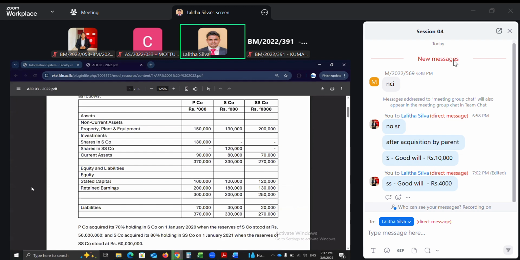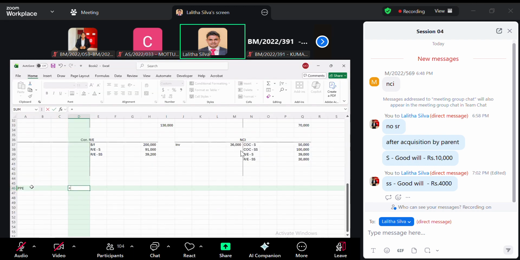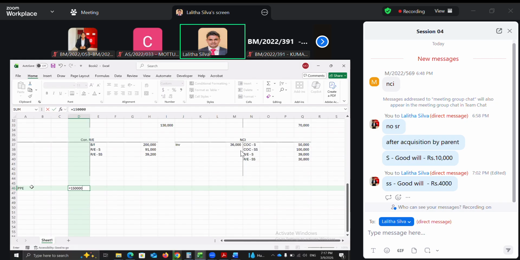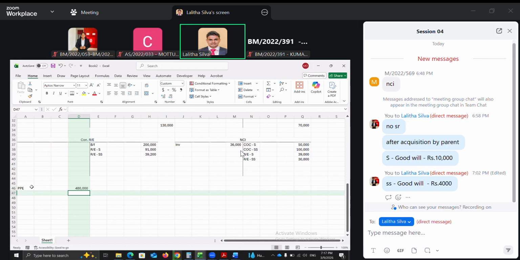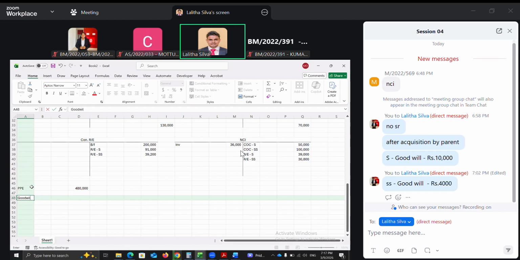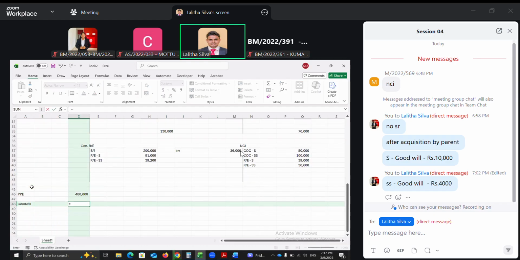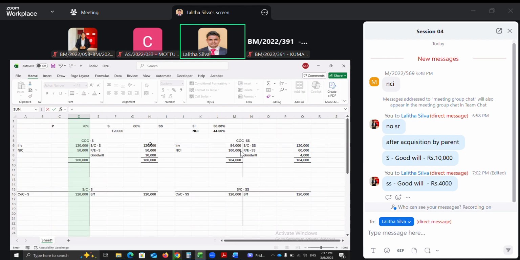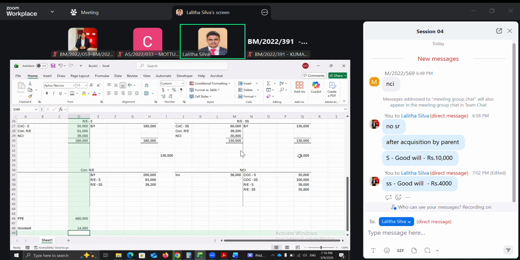PPE, we have 150,000, 130,000, and 200,000. We have altogether 480 million PPE. Then as goodwill, we have 10 million plus 4 million, altogether 14 million.